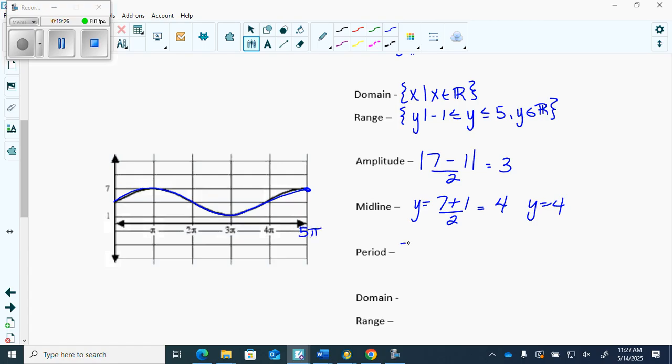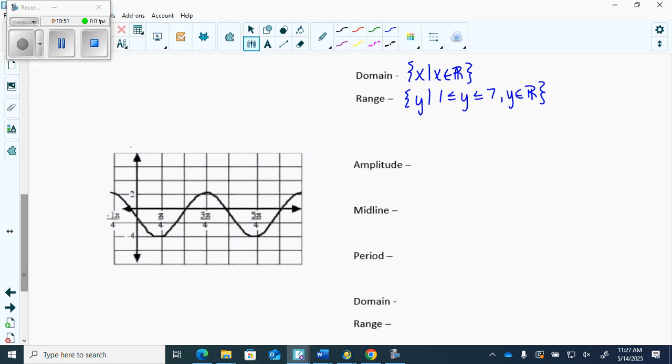No, that's a lie. The period is 4 pi. Back up to that height. The domain is x such that x is an element of the reals. The range is y such that 1 is less than or equal to y is less than or equal to 7. Y is an element of the reals.